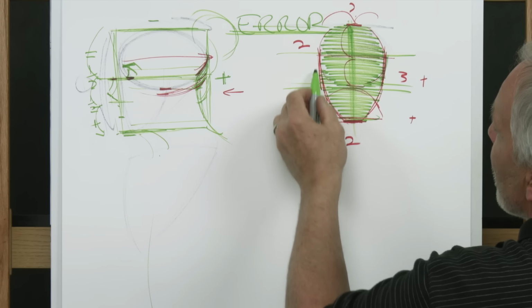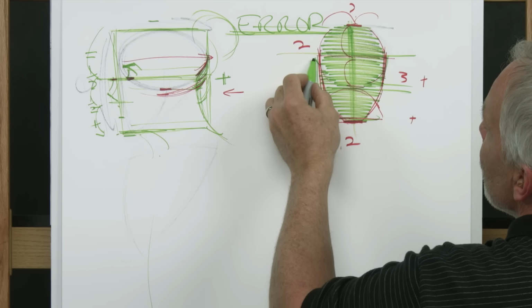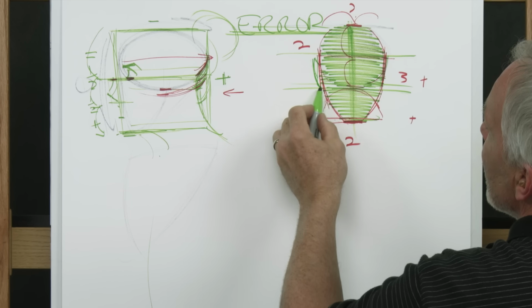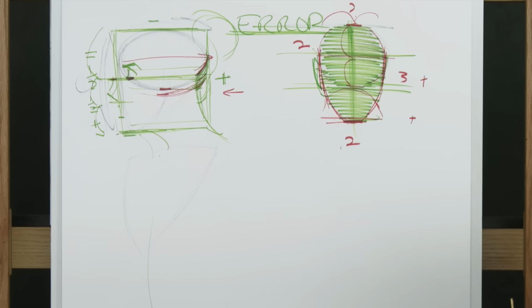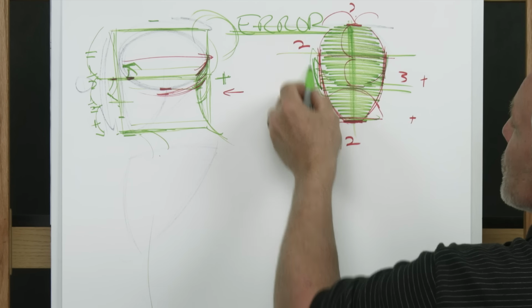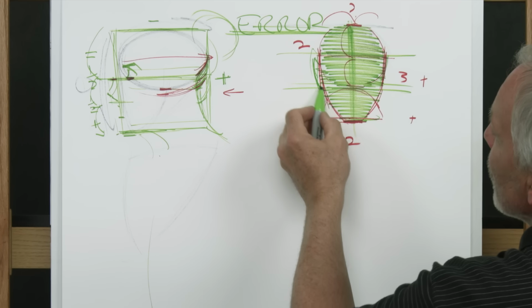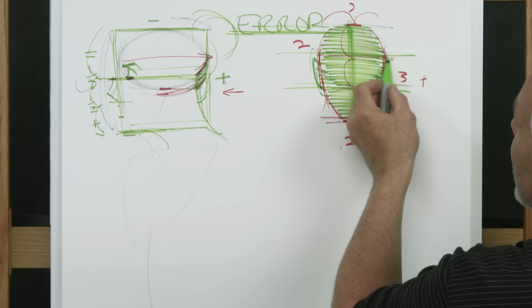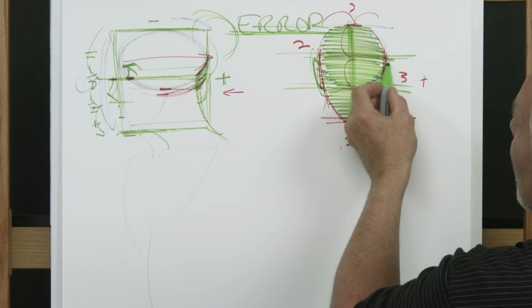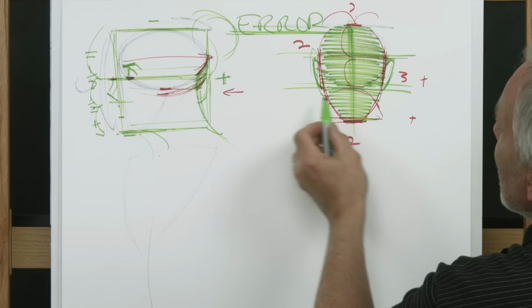In that middle proportion, that middle half, the ears will tend to sit in there. They can drop down quite a bit lower. They can every once in a while rise up a little bit higher, although that looks a little wolfish when you do that, a little like an elf or something. But the ears tend to sit somewhere in that middle third. They tend to be symmetrical, although you'll see a lot of people where one ear is actually lower than the other ear.